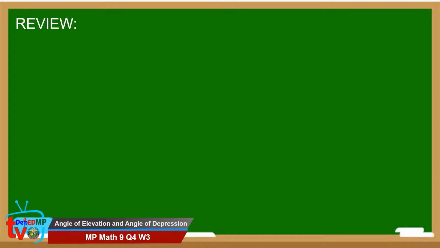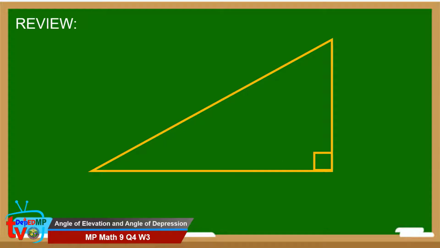Before we are going to start, let us try first to review the parts of a right triangle. Given the figure, triangle ABC is a right triangle. Angle A and angle B are the acute angles, while angle C is its right angle.